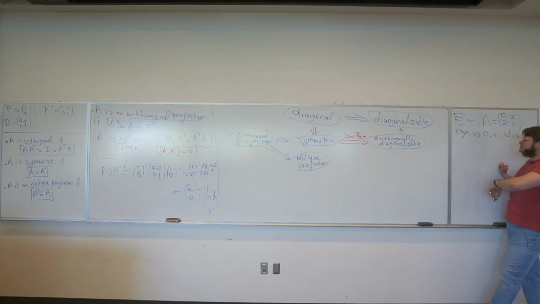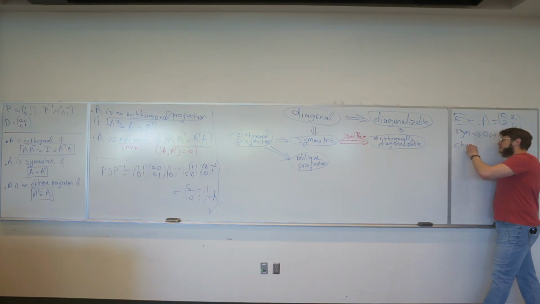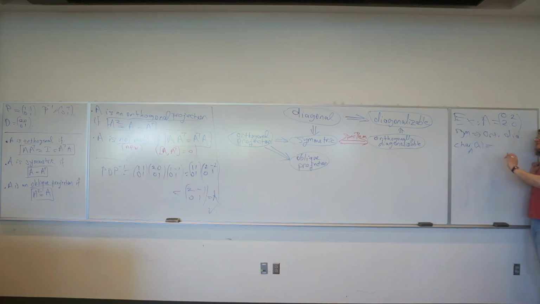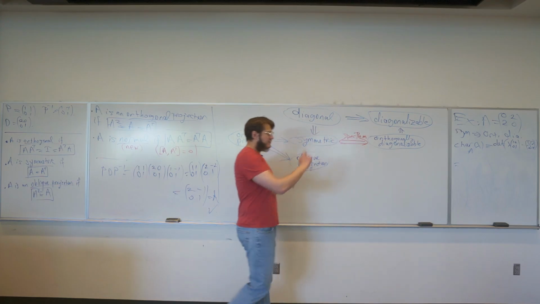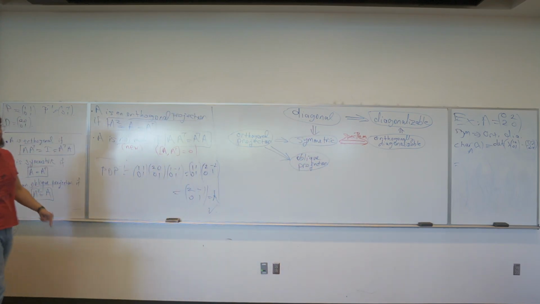I need to figure out the eigenvalues, okay? Look at the characteristic polynomial. In this case, things turned out to be nice, but don't just look at off diagonals in general. What is this? This is the determinant of lambda times identity minus my matrix A. Now, remember, the thing you're trying to take the determinant of is a linear combination of two matrices.